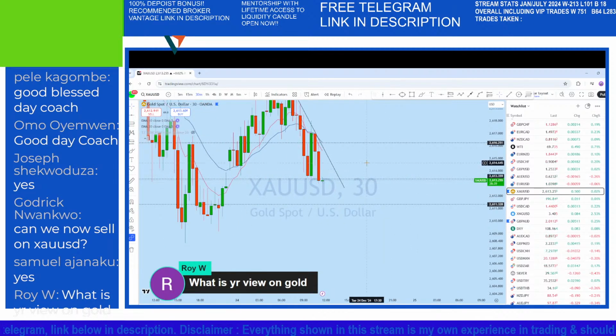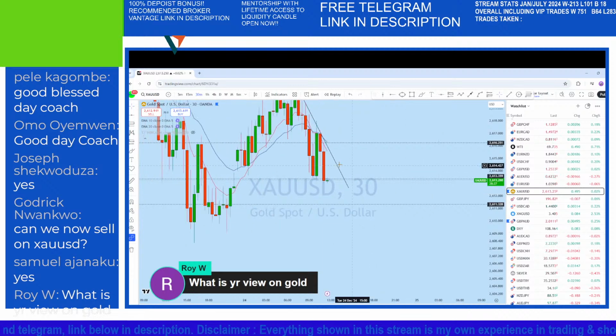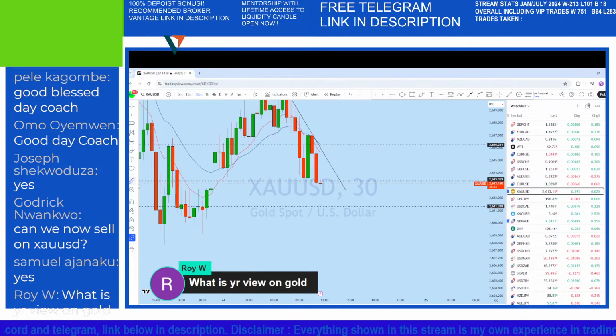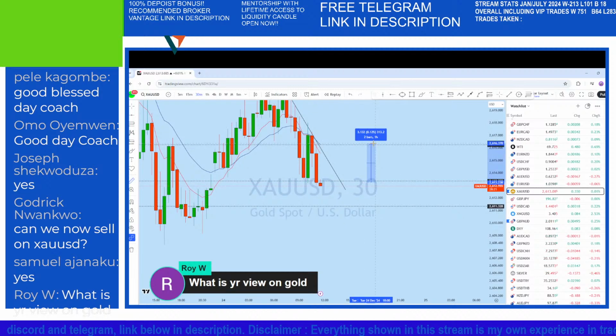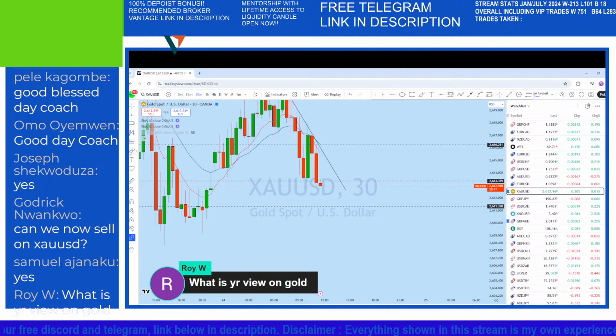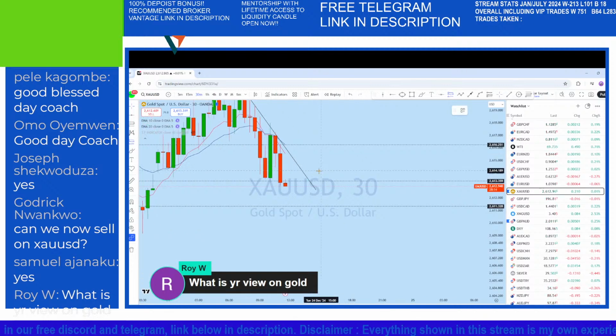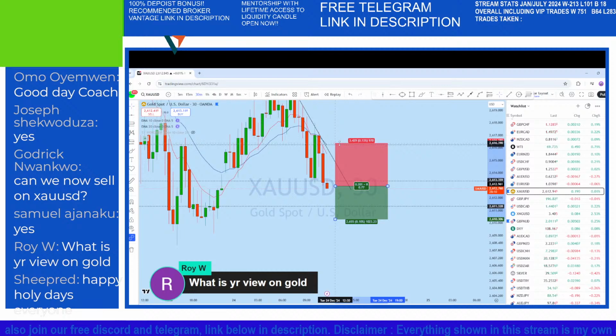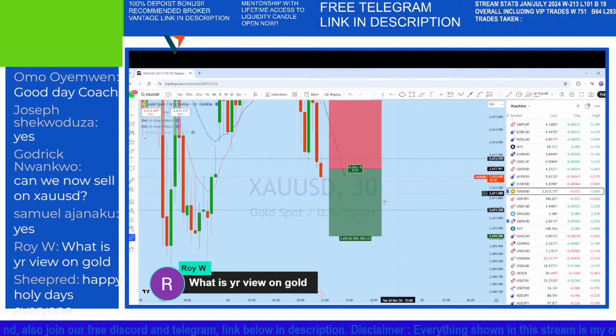You can see this is the 30 minutes price action, a long bearish candle. Before the market reaches there, we could see it dropping to that level. So we can catch a few pips here, though it's a very aggressive move because there is a liquidity zone here.